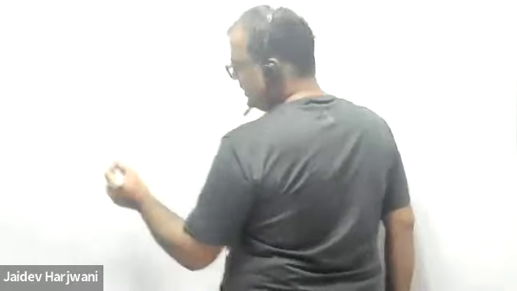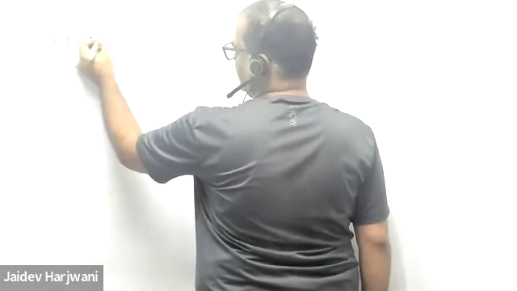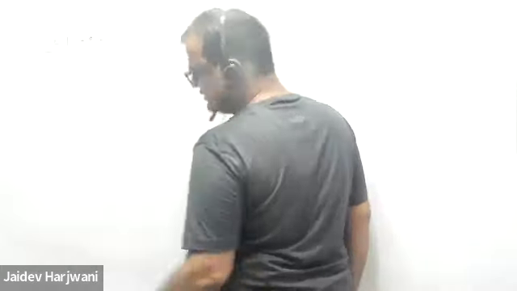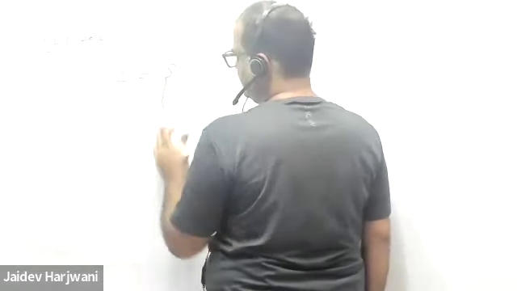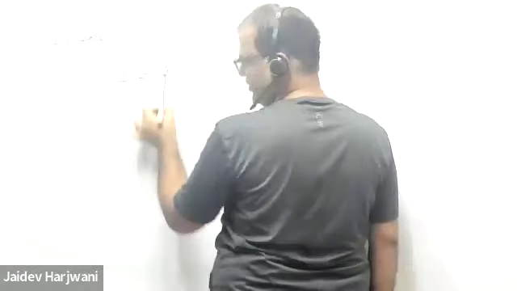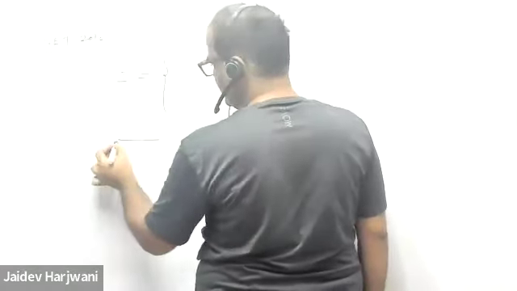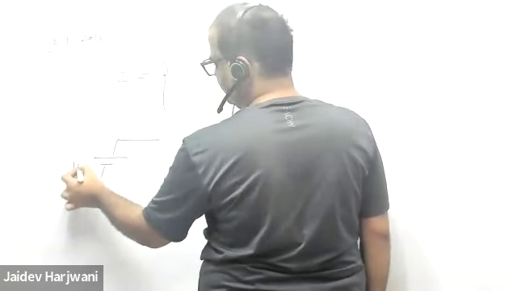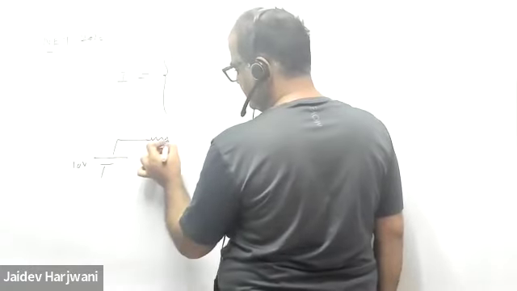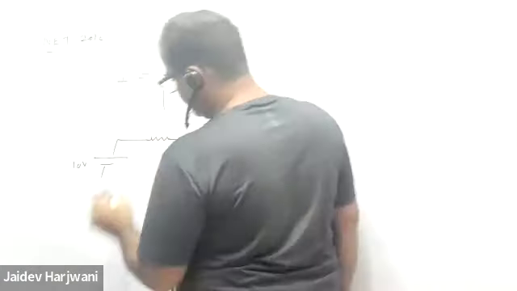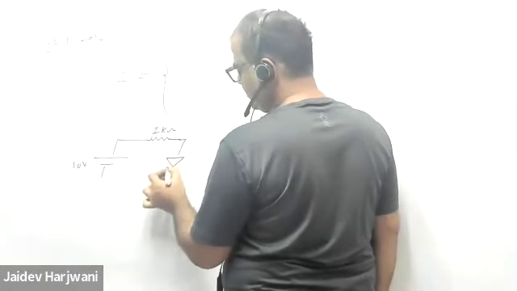Say this problem came in NET 2010. It says, from a diode current is flowing like this. You have been given a circuit of 10 volt, the resistance is 1 kilo ohm, and you have been given a diode.